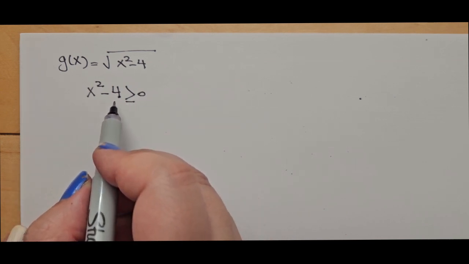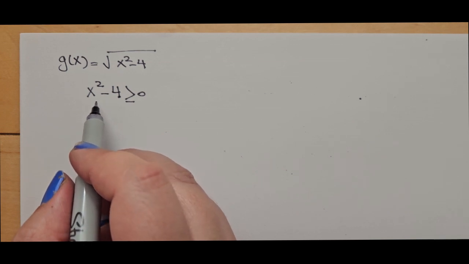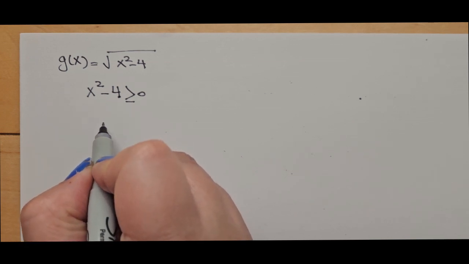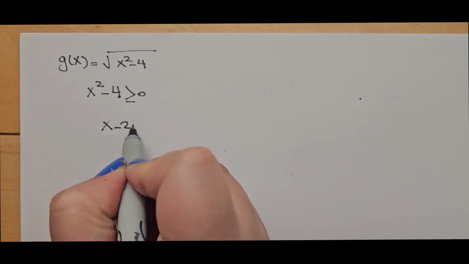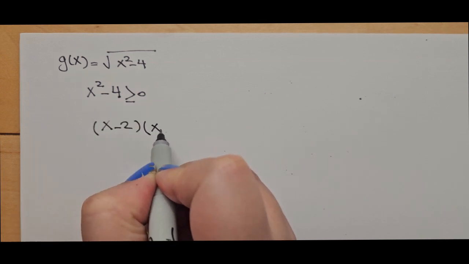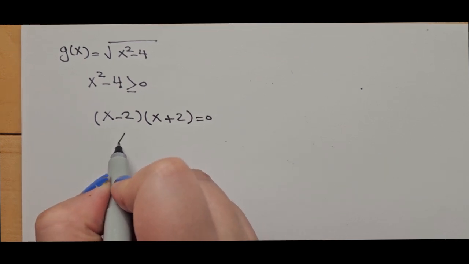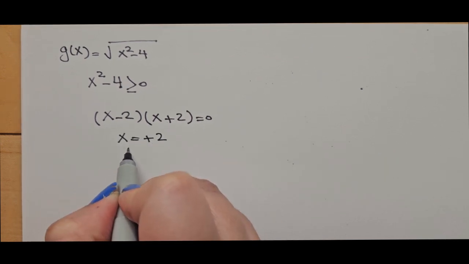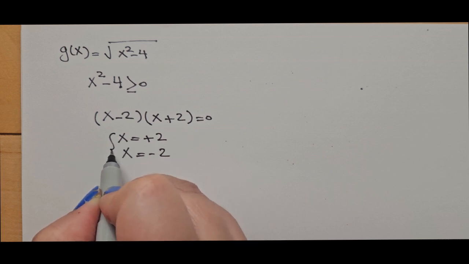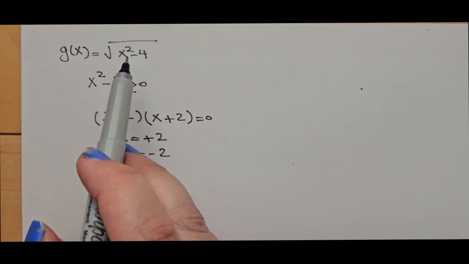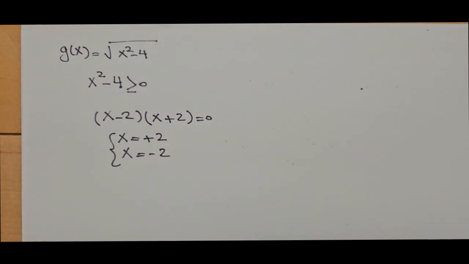In order to find what values make it 0, we have to find the roots. So I can find the roots here. Remember, x could either be +2 or -2. These two values make x squared minus 4 equal to 0.